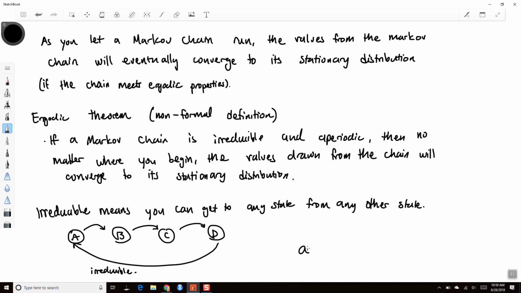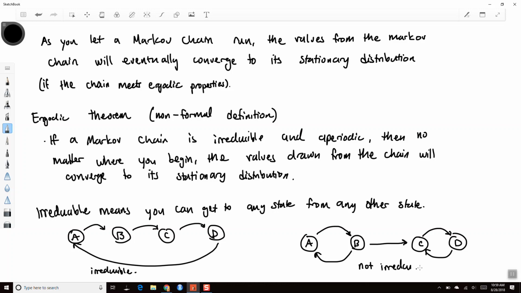If you have something like this, this would be irreducible, but then this is no longer irreducible, because if you are at D, there's no way for you to get to A, right?